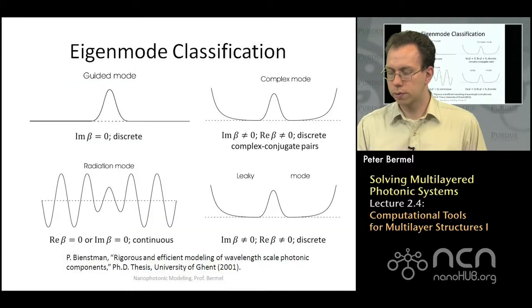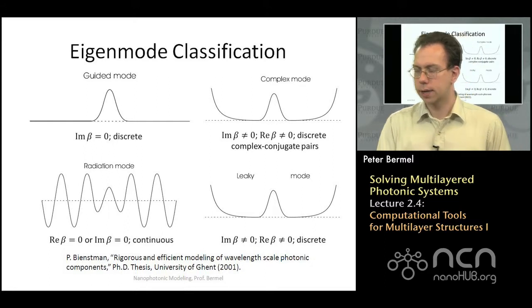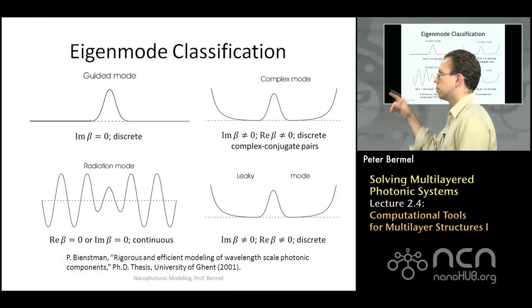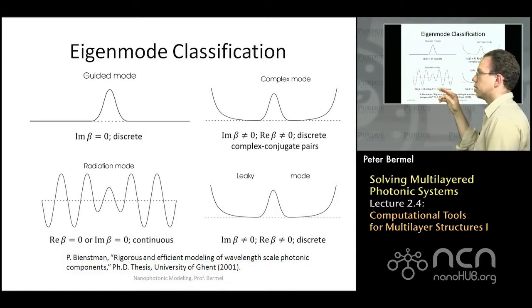Now I just want to show you what these modes actually look like physically. In particular, you see that these guided modes have no imaginary beta, or sorry, propagation factor. And so they tend to be strongly localized without loss. On the other hand, the radiation modes oftentimes will have the real part of the propagation vector beta equal to 0. And so these keep oscillating throughout the structure.